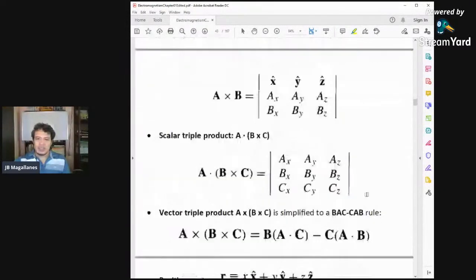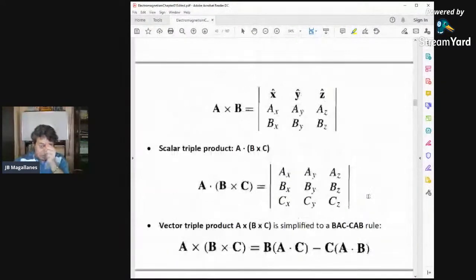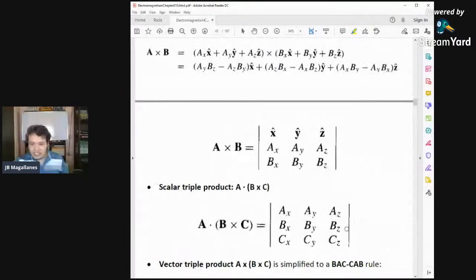So we also had a scalar triple product. Scalar triple product, you can write that in matrix form like this. So instead of the X hat here, you can write AX here, as a replacement to the X hat.